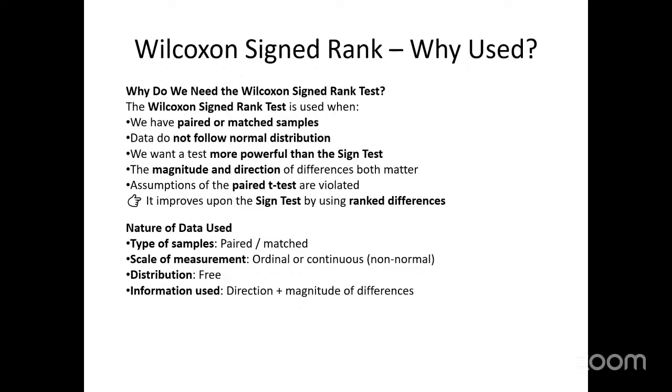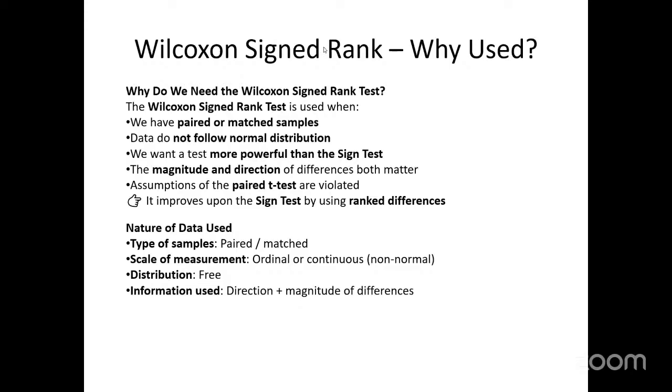Actually, these are kind of the same. In the sign test, we only look at whether a change is positive or negative. But in the Wilcoxon signed rank test, we also deal with the magnitude. We are dealing with the sign and the magnitude. Both are under our consideration.